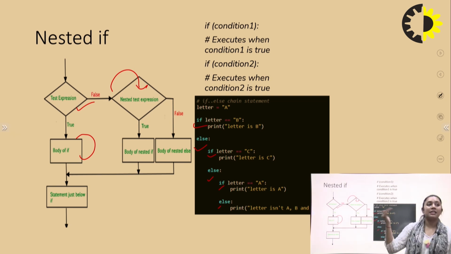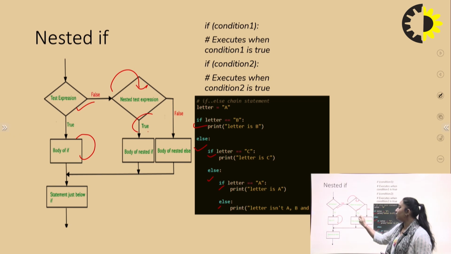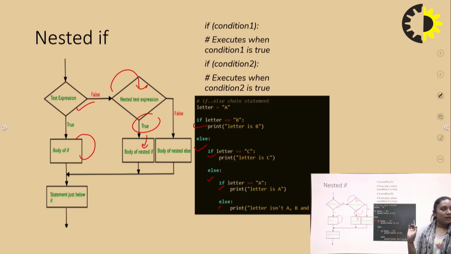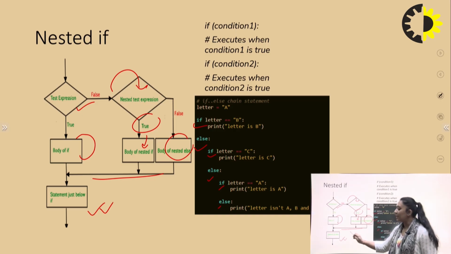If that nested expression is true, it executes the first statement, and if it is not, it executes the last statement. And if both conditions are not true, it executes the overall statement at the end of the program, right?